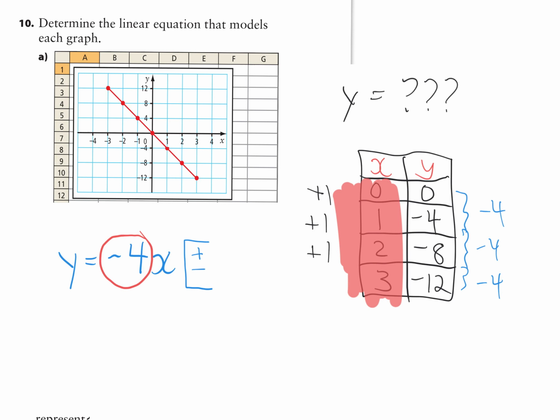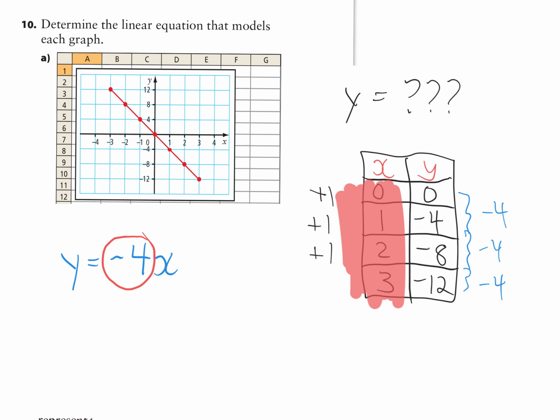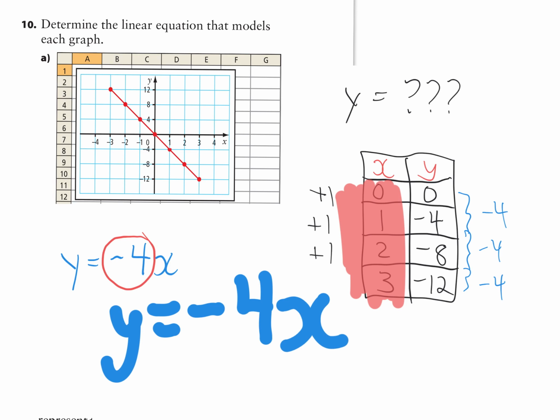We can get rid of this stuff, and this is our equation. The equation of this line is simply y equals negative 4x. Cha-ching!